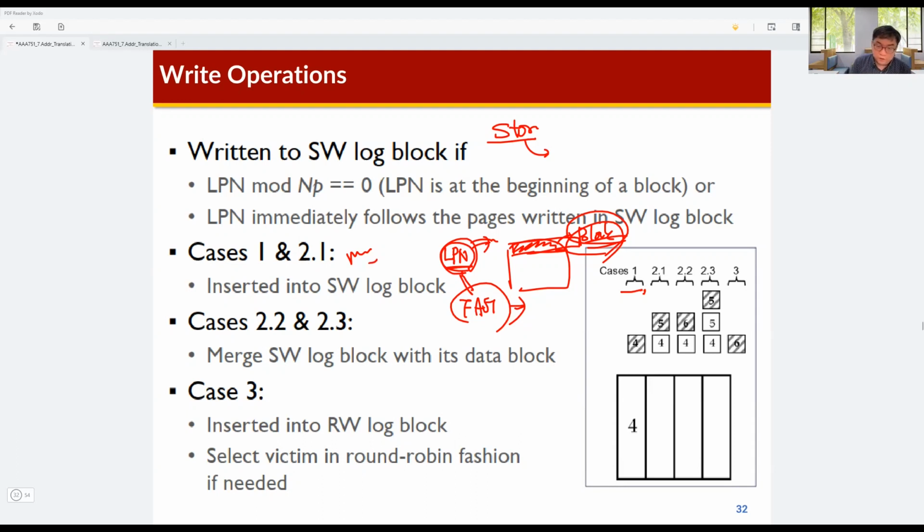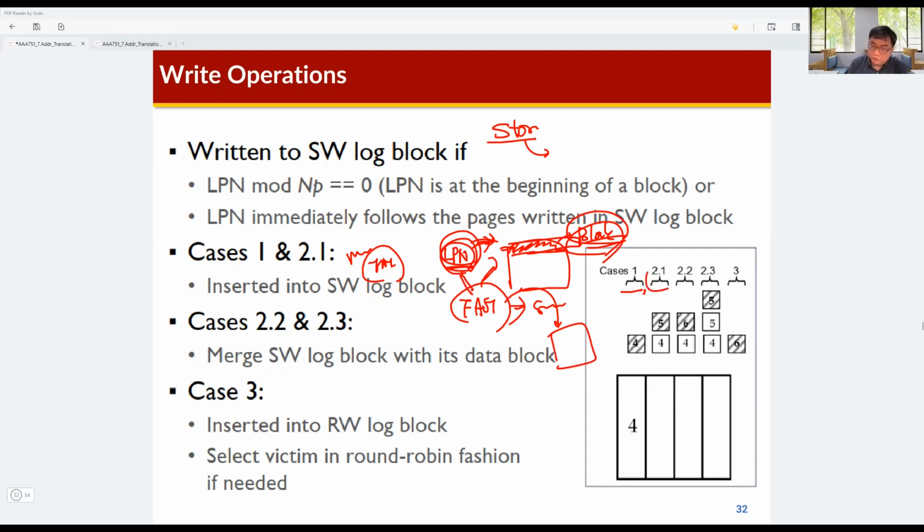So if the logical page number of the write request is the first page of the block, FAST considers this the start of a sequential write, and this write request is written to the sequential log block.